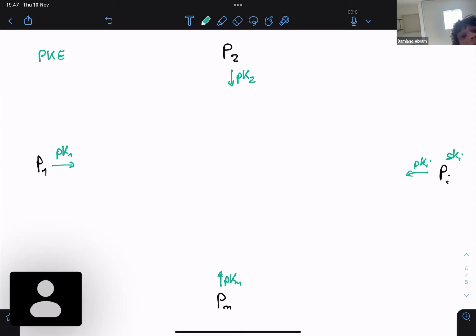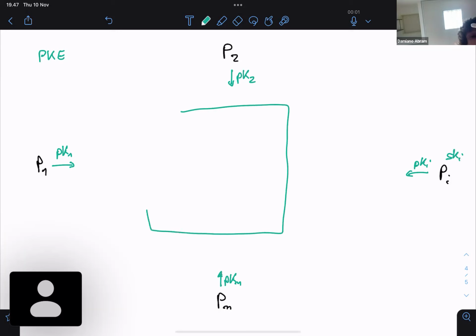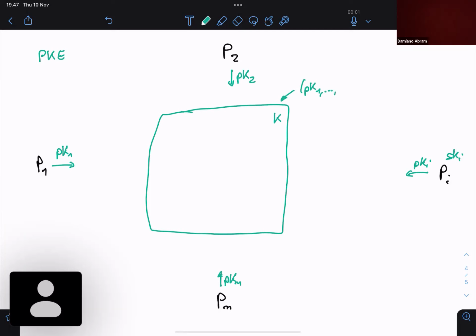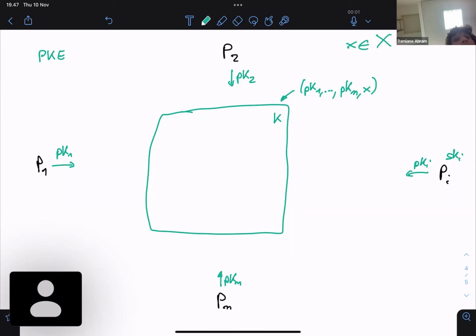The CRS will consist of an obfuscated program. So it will have a puncturable PRF key k hard-coded, and it will take as input n public keys and a nonce x. So here x belongs to the nonce space of the public key PCF.